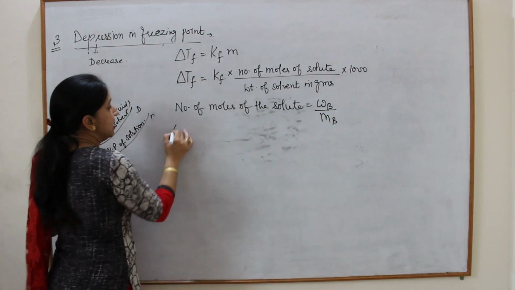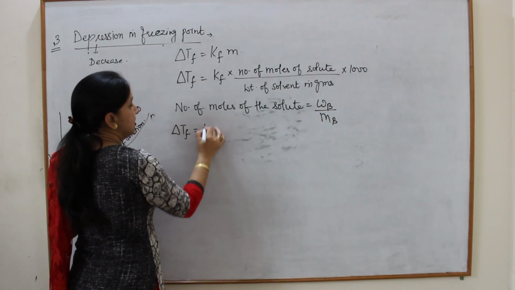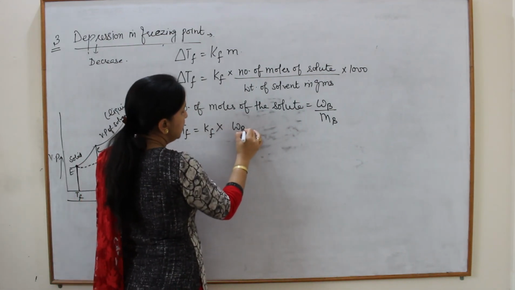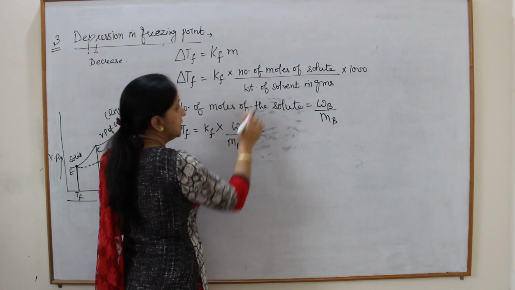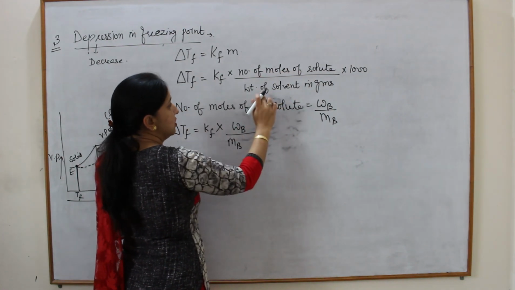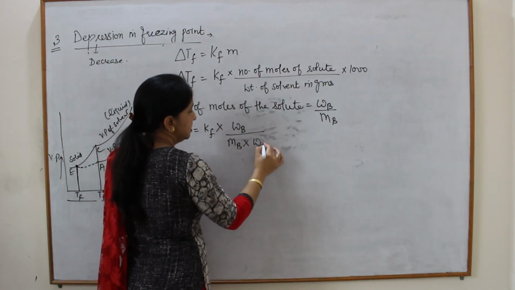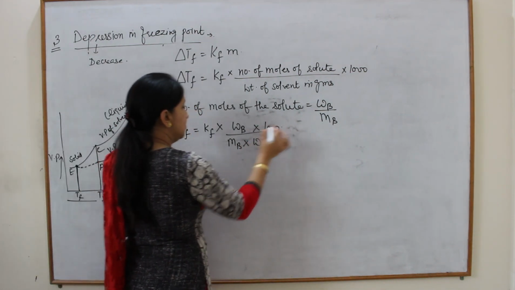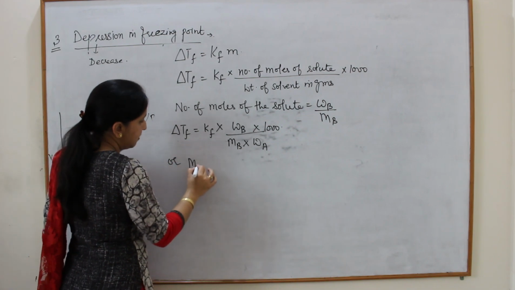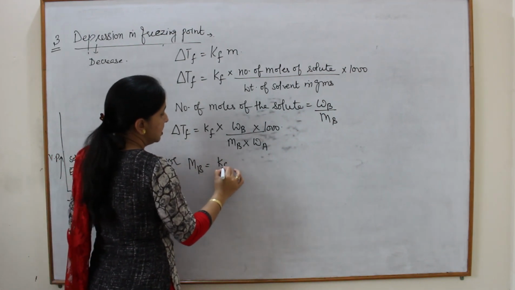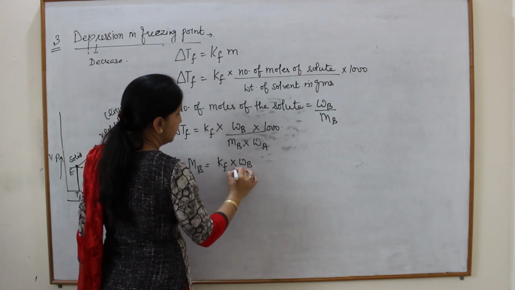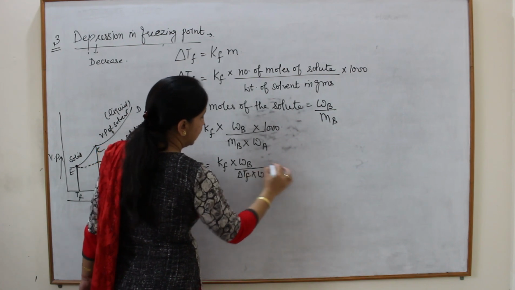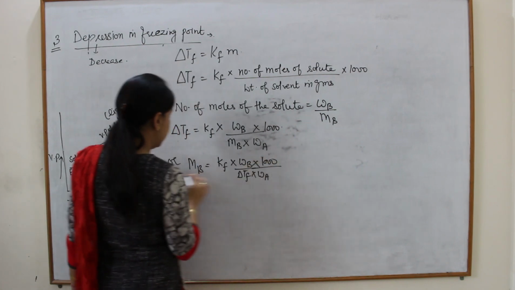So we can say delta TF is equal to KF into WB upon MB, the number of moles of solute, and the weight of solvent in grams, meaning WA, multiplied by 1000. Or your MB will be equal to KF into WB upon delta TF into WA multiplied by 1000.